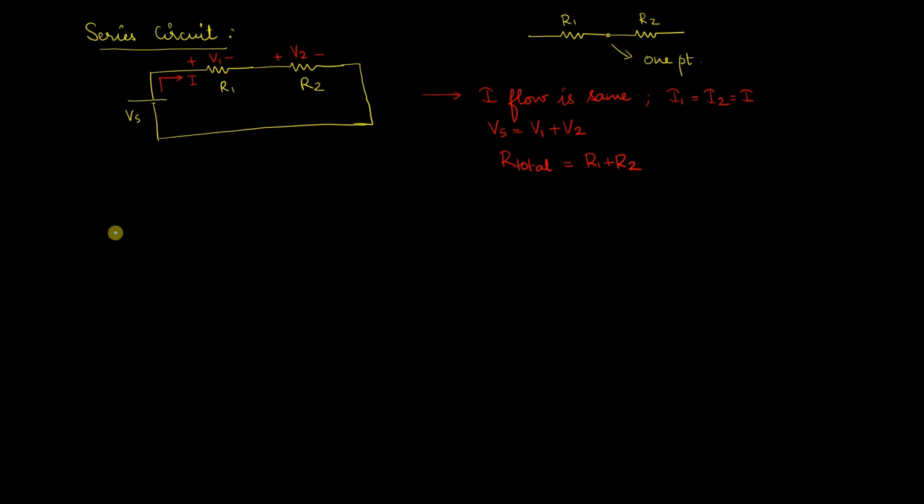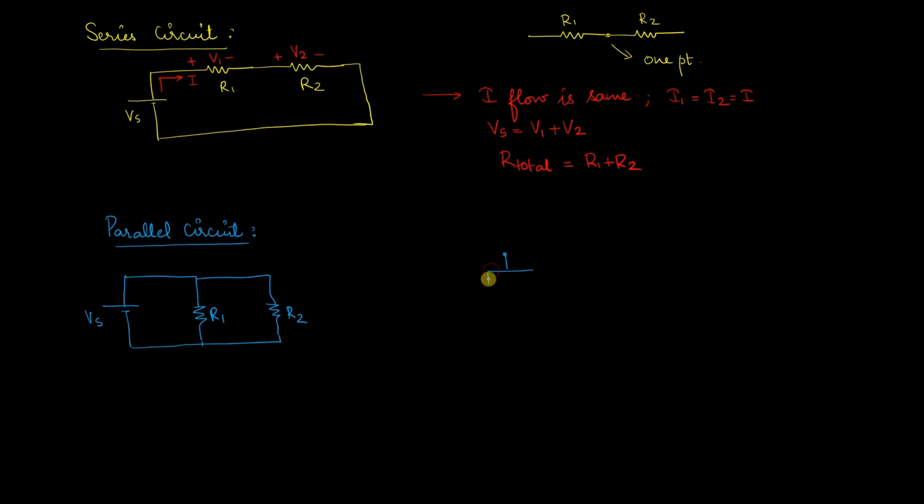Now let us look at the parallel circuit. Let me consider a simple parallel circuit with two resistances R1 and R2 again. Now before that, we say the two resistances are connected in parallel if they are connected at both the points.